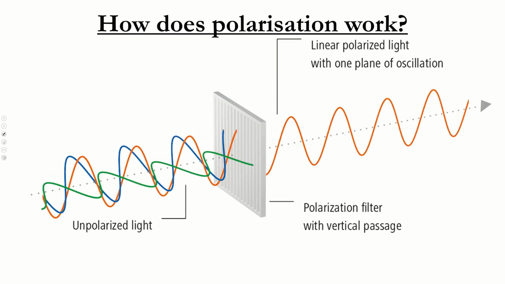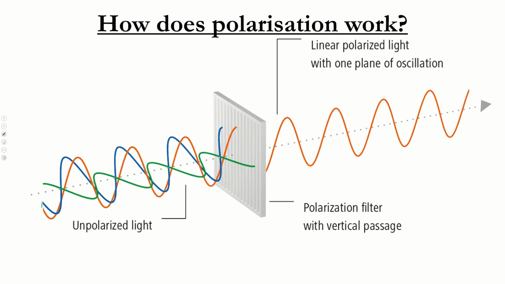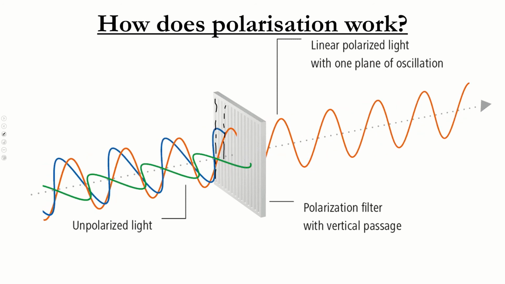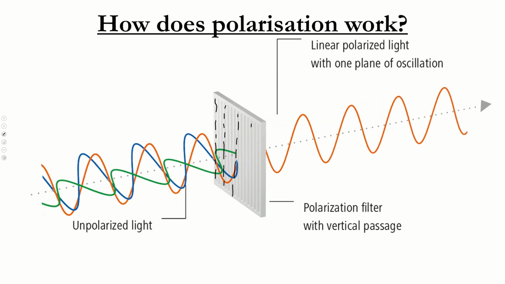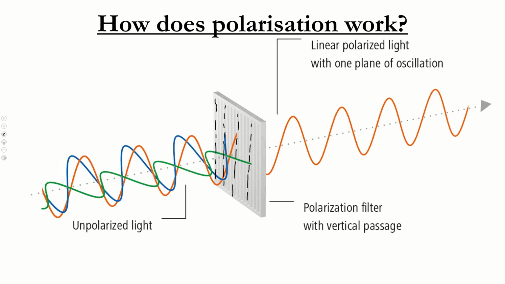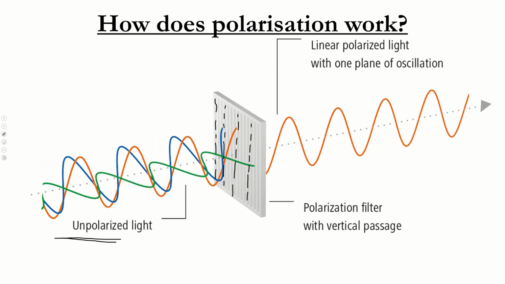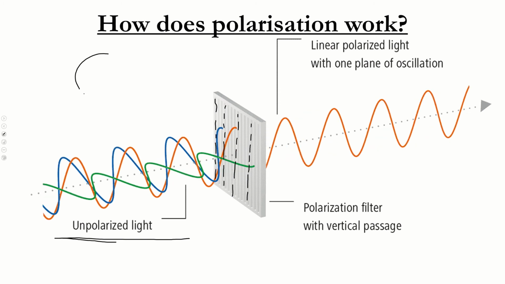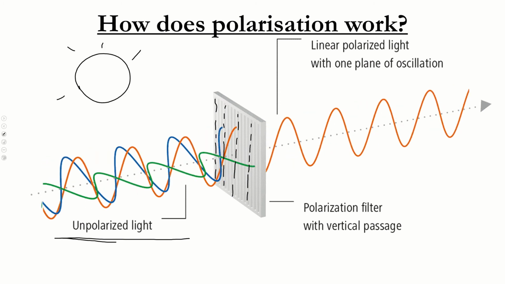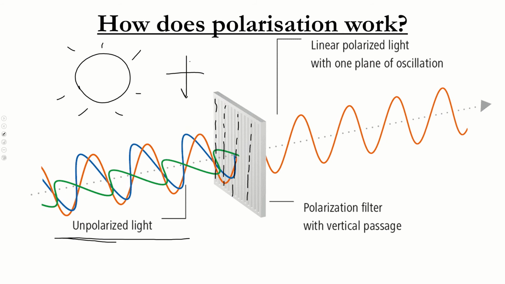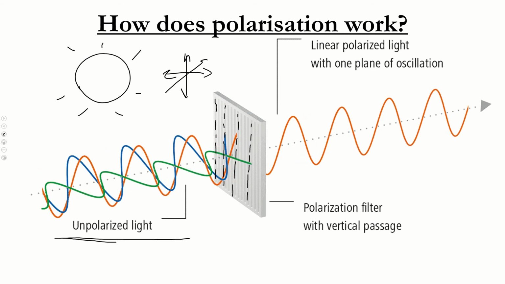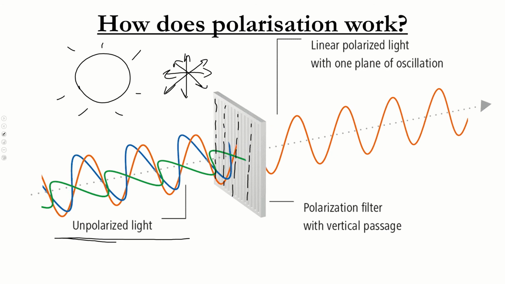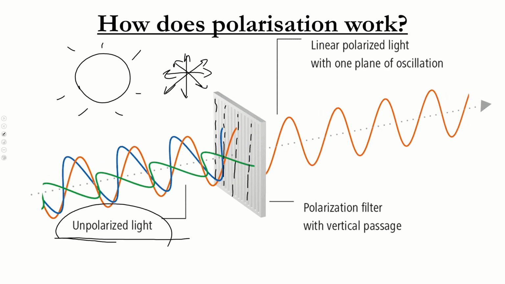Well, imagine this. Imagine we have a Polaroid or polarizer, and it has these little slits in between that mitigate certain vibrations. You can see here we have unpolarized light. What could that be? That could be something like light from the sun. When light from the sun comes out, it has electromagnetic radiation vibrating in every single direction you can think of. So that's what we're seeing here with unpolarized light.